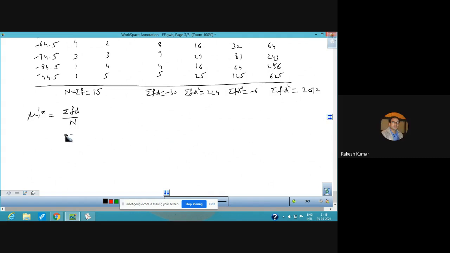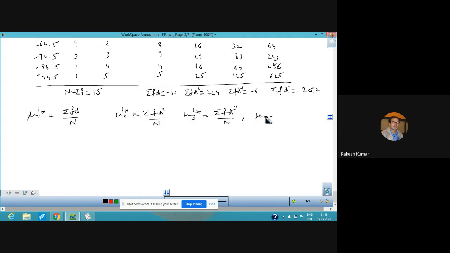So similarly, we have mu 2 dash star. The formula is sigma f d square upon n. And the formula for calculating mu3 dash, the mu symbol has been used for moments, so that is sigma f d cube upon n.